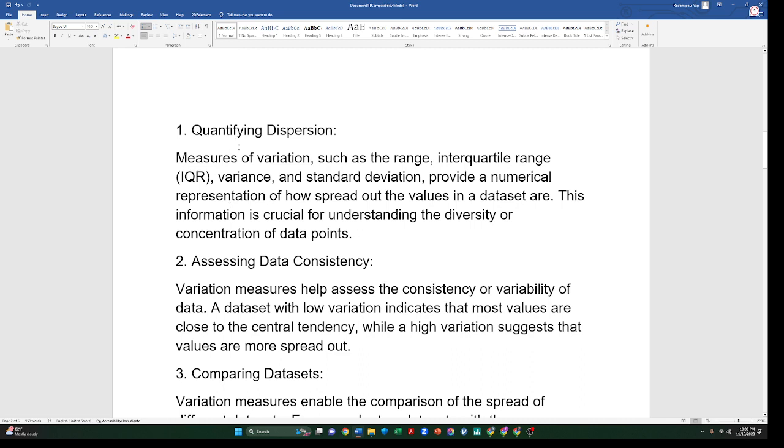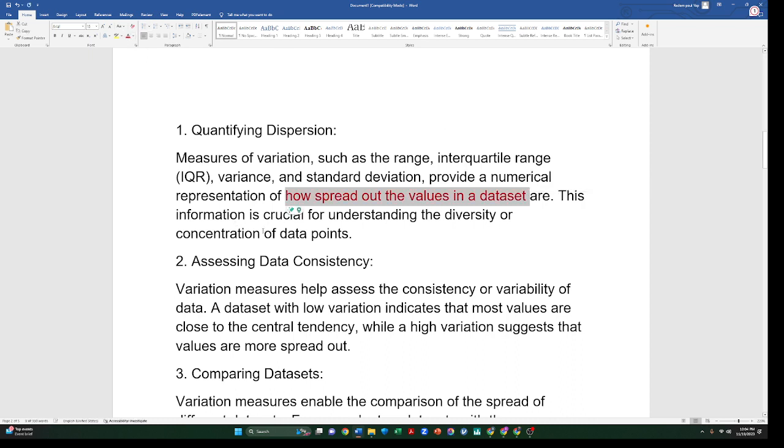Okay, first is quantifying dispersion. Measures of variation such as the range, interquartile range, variance, and standard deviation provide a numerical presentation of how spread out the values in the data set are.